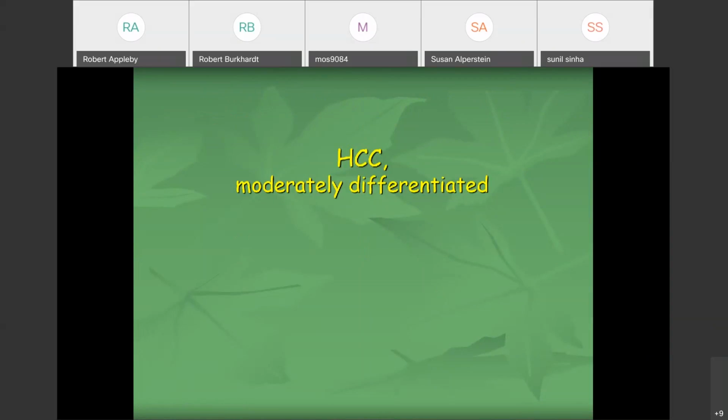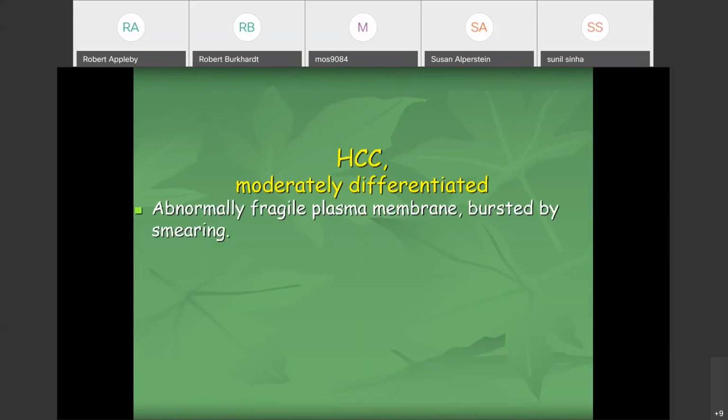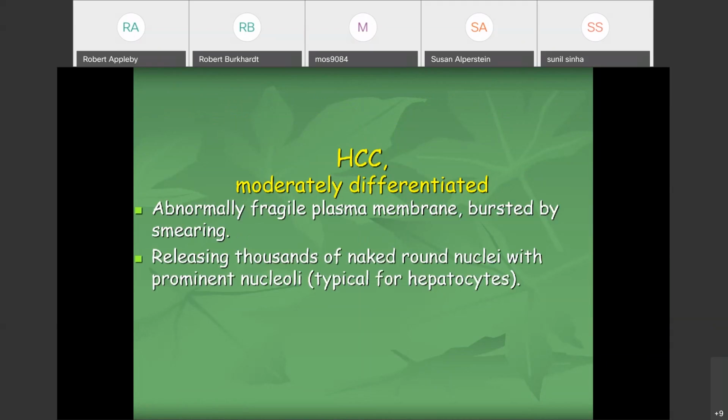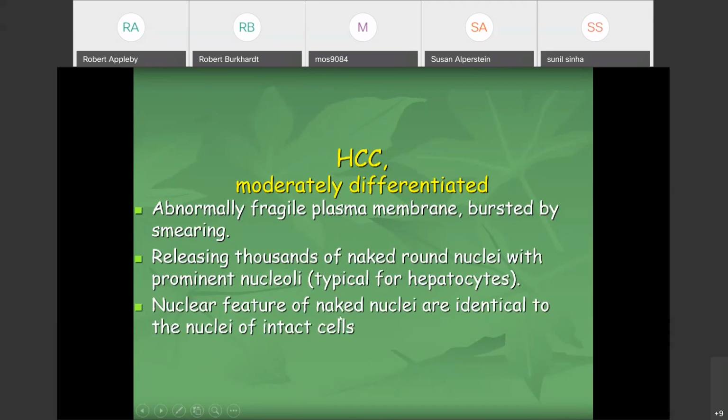If you know this, you don't need anything. Because this type, the cytoplasm is very fragile. When I smear, it bursts and releases thousands of naked nuclei into the smear.